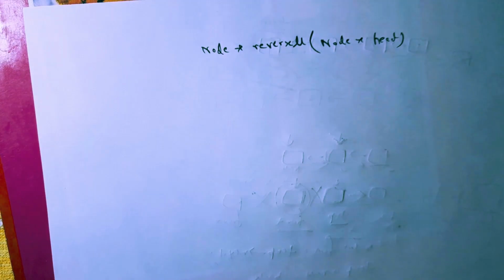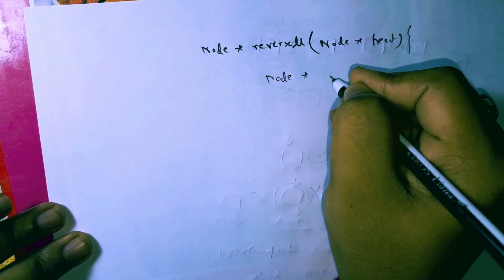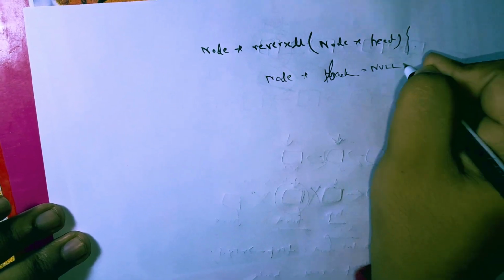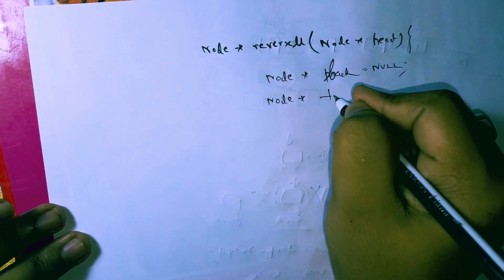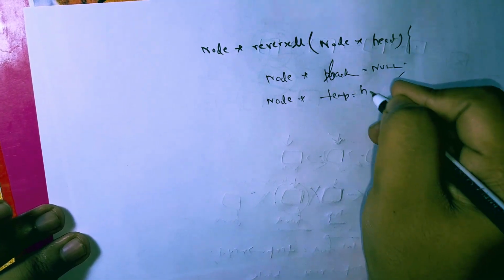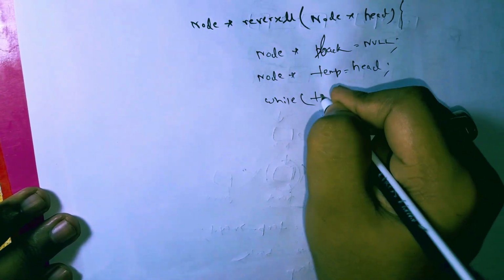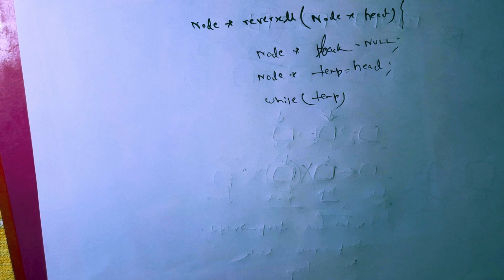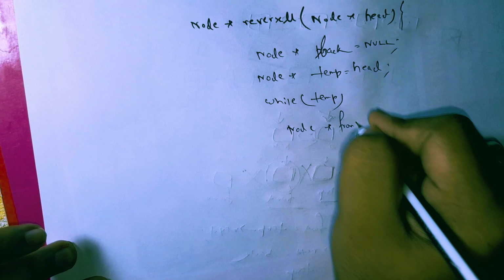I have already said I will initiate back as null and initiate temp as head. So I have already said that my loop will continue till temp is not equals to null.